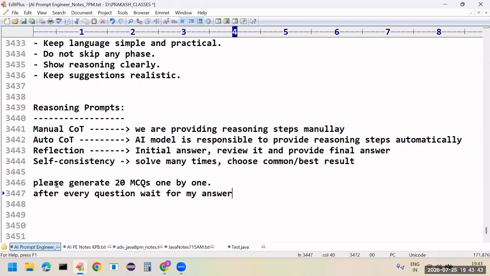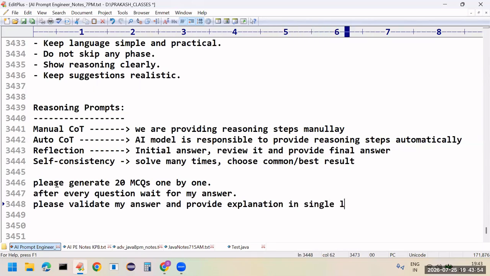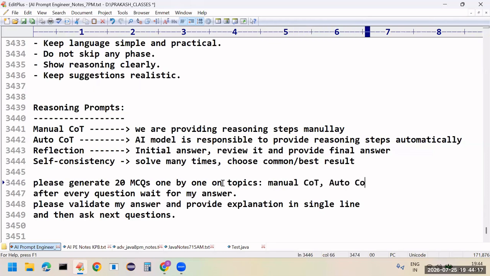Next, validate my answer and provide an explanation in a single line. And then ask the next question. The topics are manual COT, auto COT, reflection prompting and self-consistency.